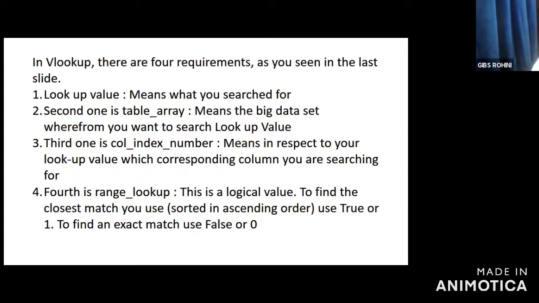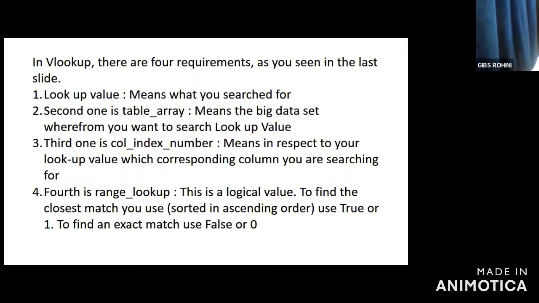So if I utilize VLOOKUP, then Shalini's name will be matched between E5 and E100, and then the corresponding value will be taken from there against the column where we want to put it.